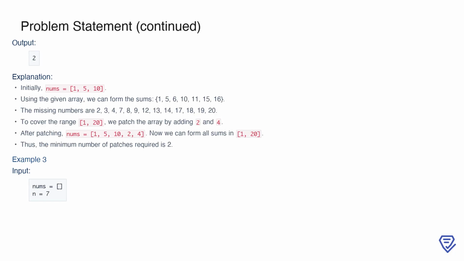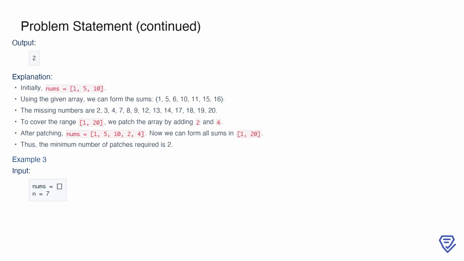In the second example, the input array is 1, 5, 10, and n is 20. The output is 2, indicating that 2 patches are required. Initially, the sums we can form with 1, 5, 10 are 1, 5, 6, 10, 11, 15, 16, but there are many missing numbers in the range 1 to 20. Specifically, numbers like 2, 3, 4, 7, 8, 9, and others cannot be formed.